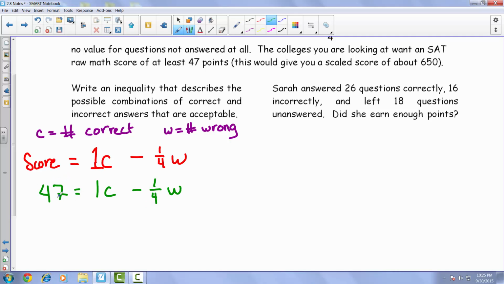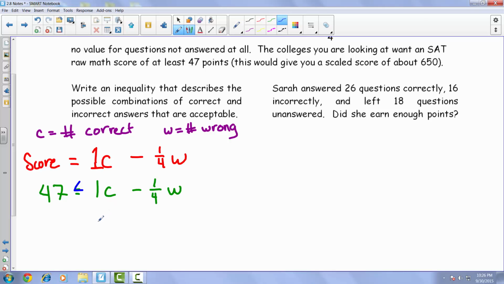So this is the smallest thing that we can actually get. And as a result, even though we're docked a fourth, all of the right side has to be larger than or equal to 47, just because we need a minimum of a 47.